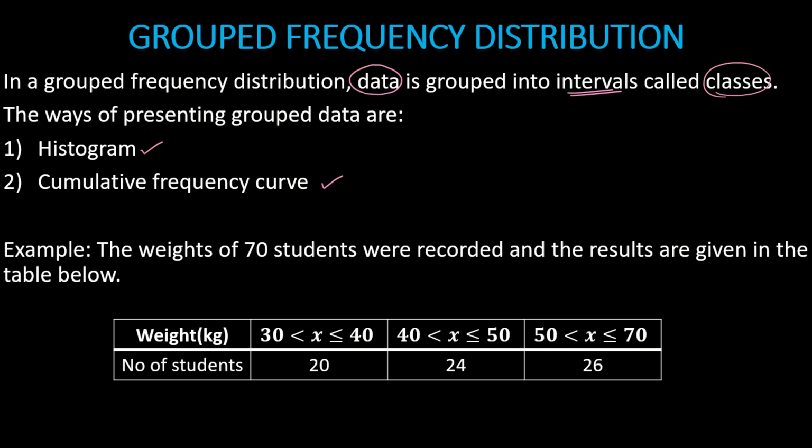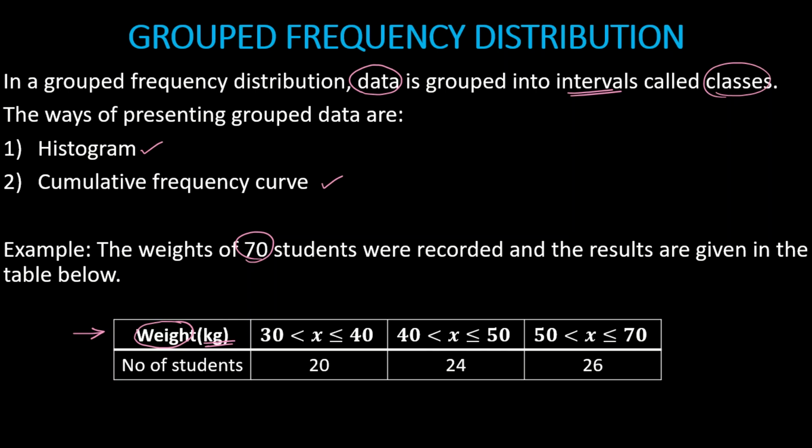Now let us take a look at this example. Here we are given the weights of 70 students, right? And the results are given in the table below, right? The first row of the table denotes weight, which is in kilograms, right?